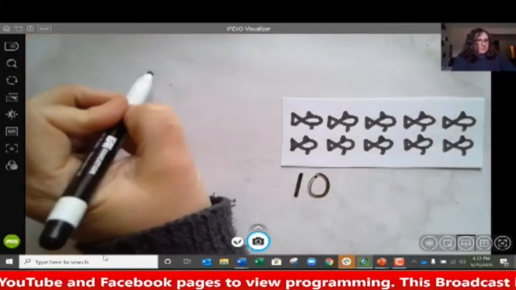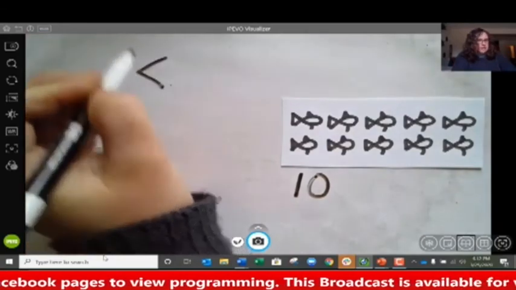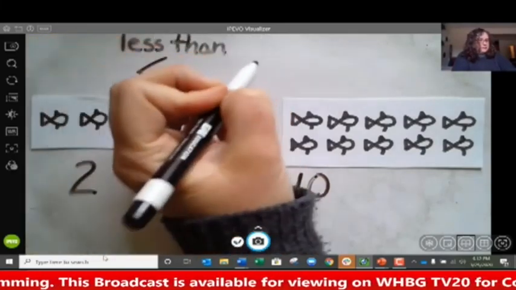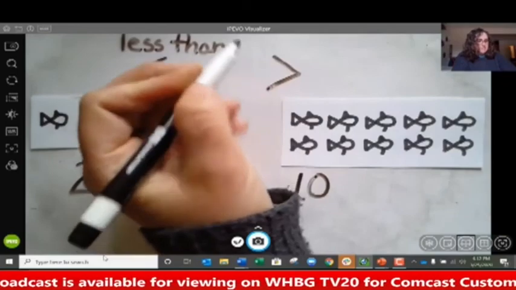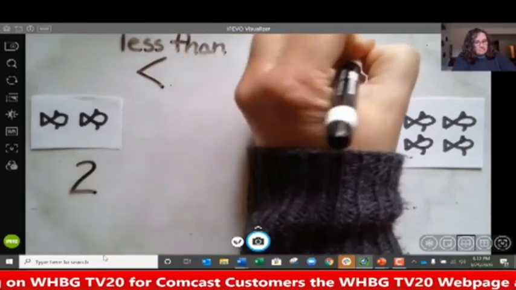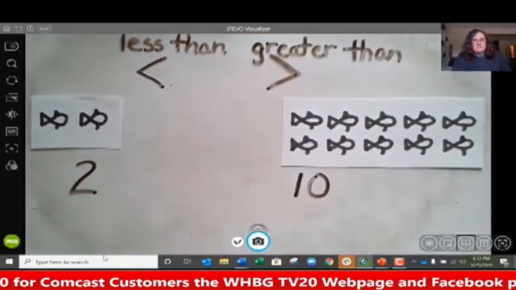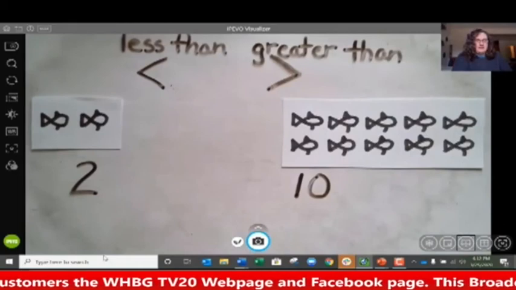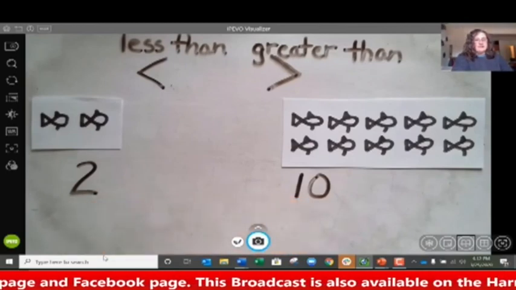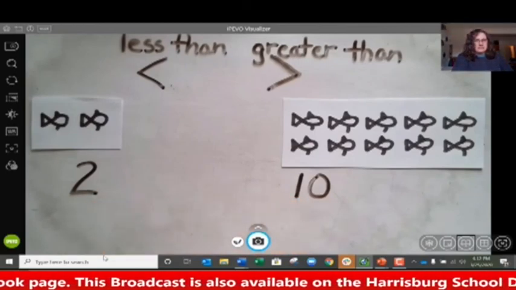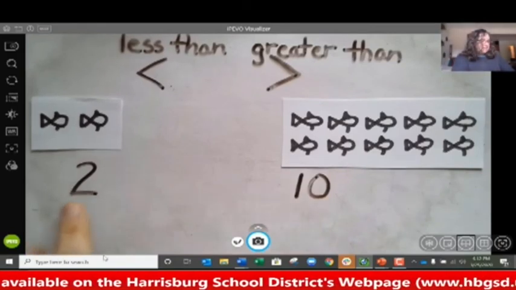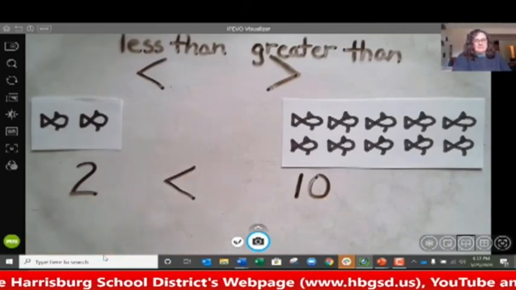We used the symbol that looks like this to show numbers that are less than, and we use the symbol that looks like this to show numbers are greater than the next number. What symbol did we put in the middle between 2 and 10 to show their relationship? Did you remember that we said 2 is less than 10.